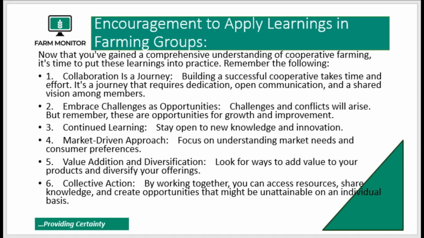Now that you've gained this much knowledge and understanding of cooperative farming, you are encouraged to apply these learnings. You must remember, number one, that collaboration is a journey.